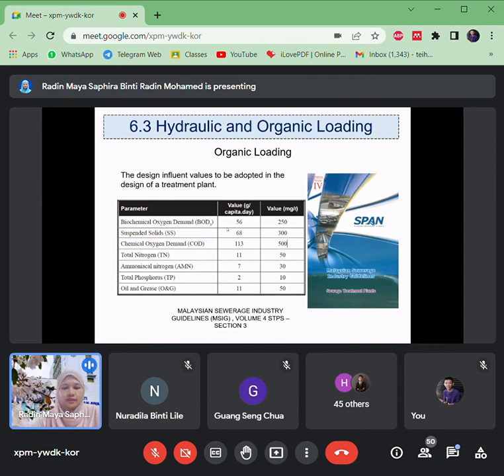Also, how much is the suspended solids, the particles? COD also carries some chemicals. Total nitrogen contains nutrients, maybe from fertilizer, from the landfill and so on. Ammoniacal nitrogen, right? From aquaculture, there are lots of sources for ammoniacal nitrogen. Total phosphorus, right? Oil and grease, there are lots of these organic loadings that come from the wastewater.